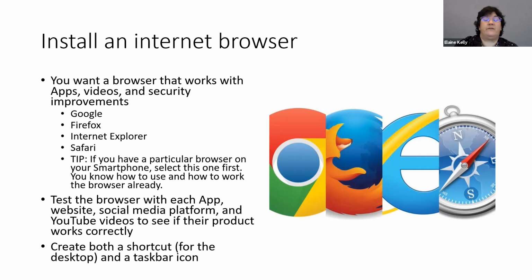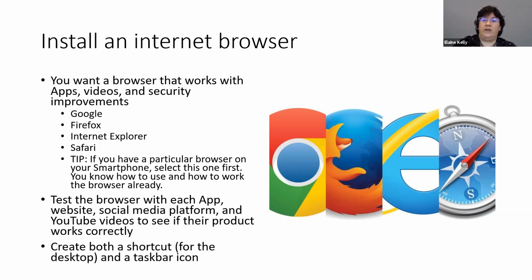Another one might be Safari. If they happen to be very familiar with their iPhone as their smartphone, you may want to consider using Safari as their internet browser because they're used to using it. Again, familiarity. You do have Edge, and there are probably some other ones out there.